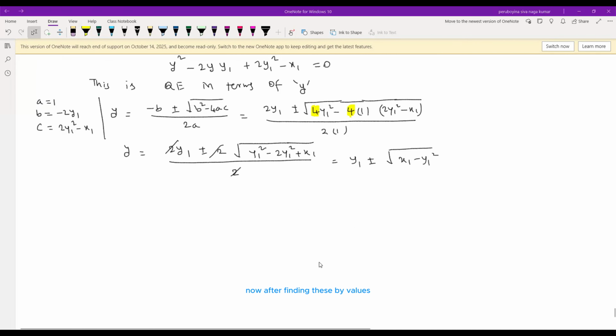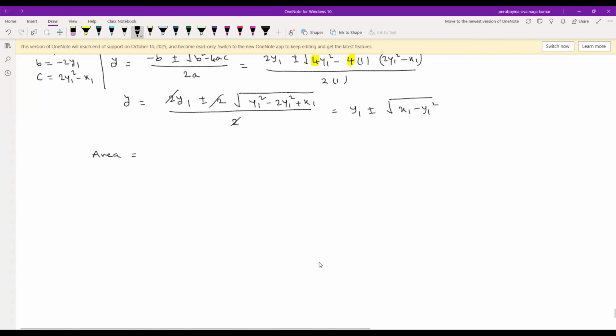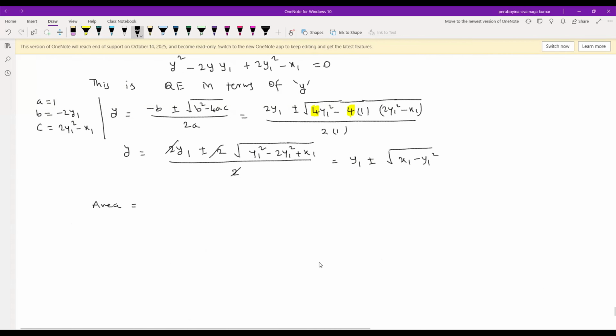Now after finding these y values, calculate the region bounded between the line and parabola. Let us consider these roots are alpha and beta, where alpha is y1 minus root of x1 minus y1 square and beta is y1 plus root of x1 minus y1 square.